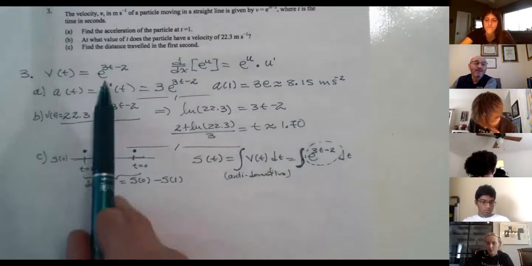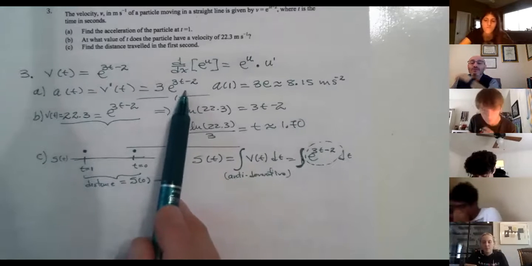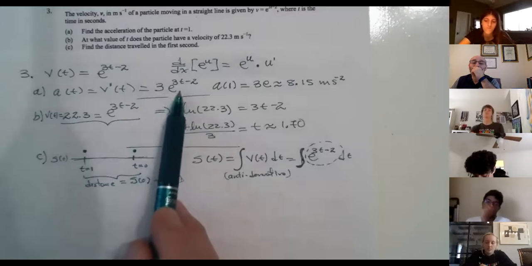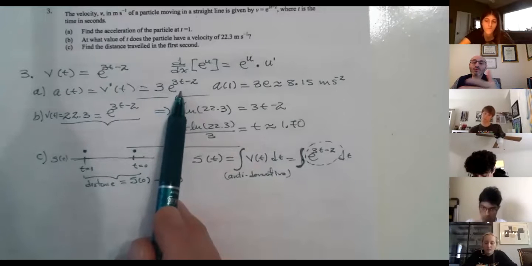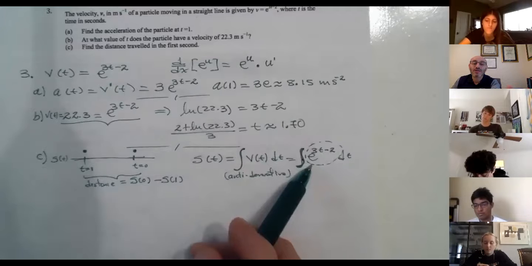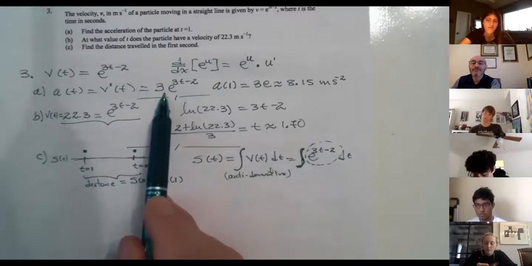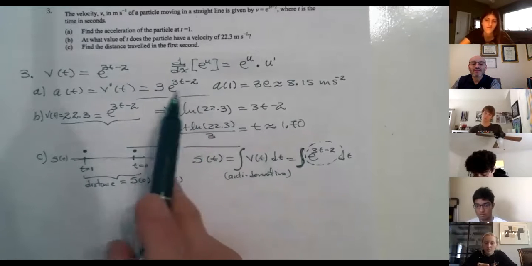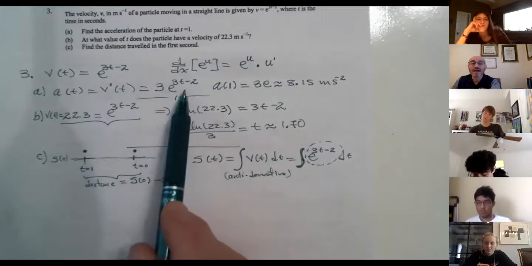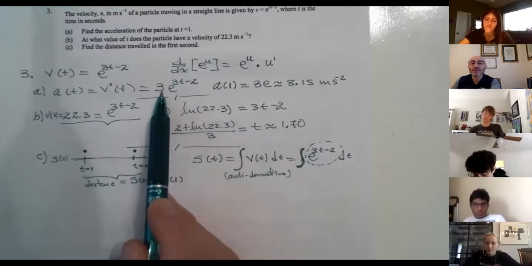Notice this. When you take the derivative of the velocity, we got 3 times what we had before, correct? 3 times the velocity. So what are we trying to find? We're trying to find something that when you take the derivative, it will give you this, right? Because if I differentiate the velocity, I get 3 times what I had before, then in order to get rid of this, I should need what? 1/3.